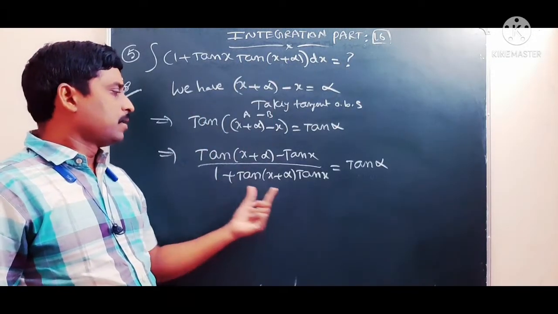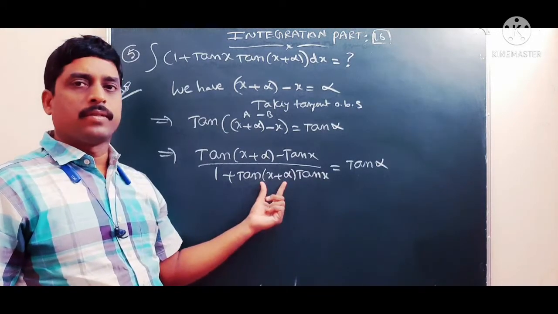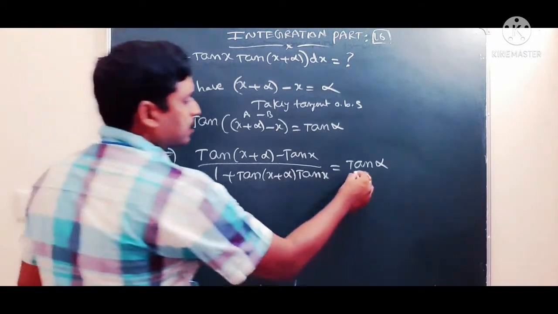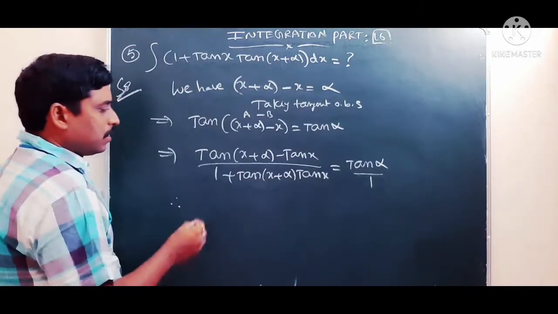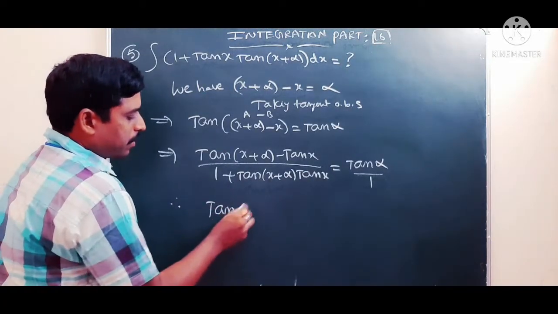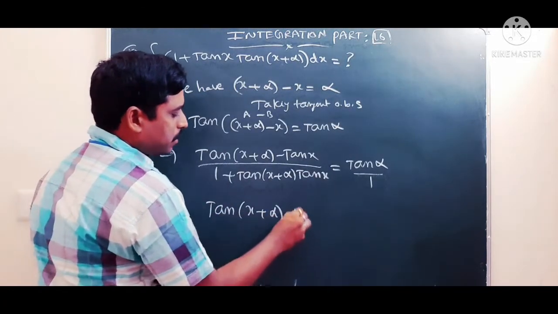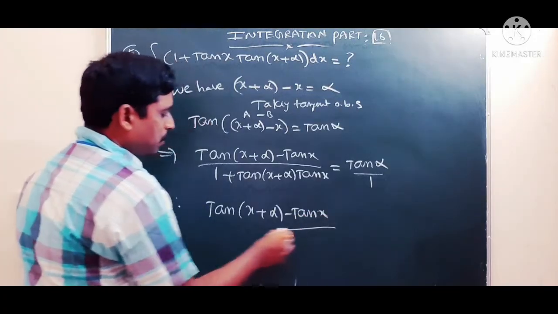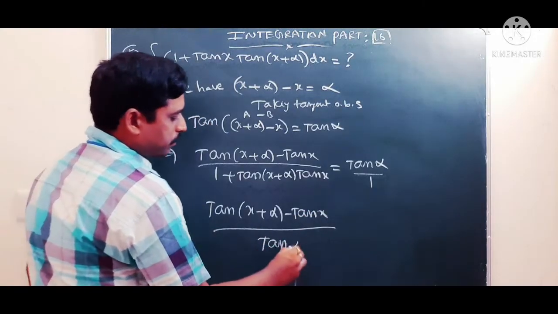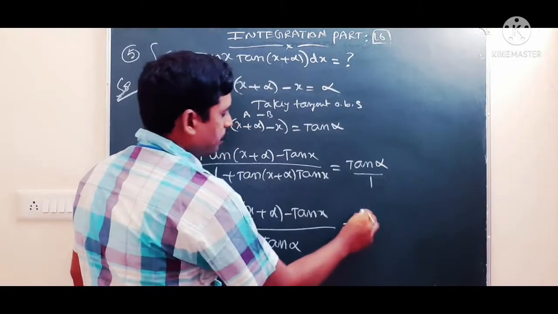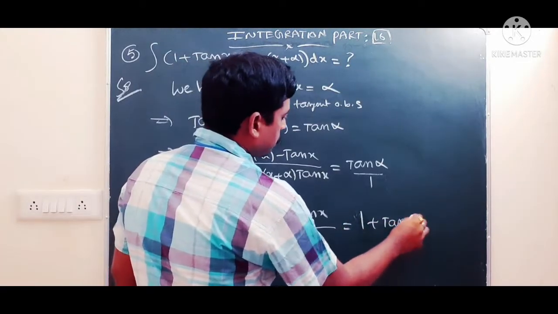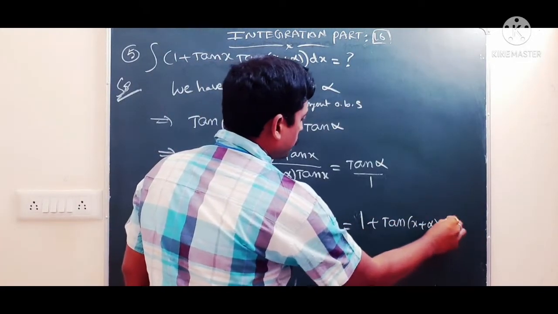So for 1 plus tan x into tan x plus alpha, by cross product, tan x plus alpha minus tan x, this whole divided by tan alpha, is equal to 1 plus tan x plus alpha into tan x.